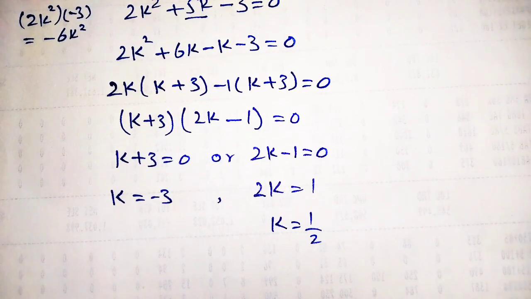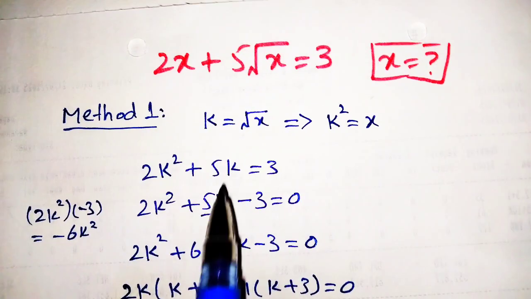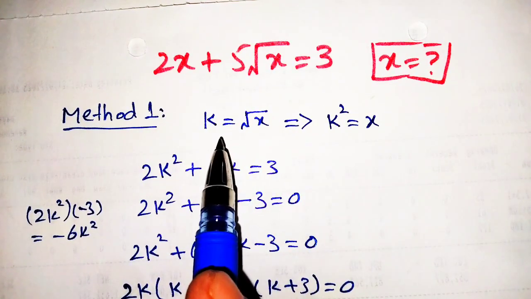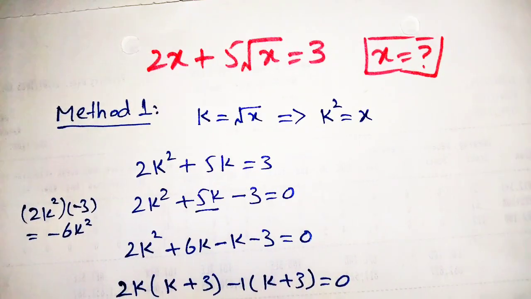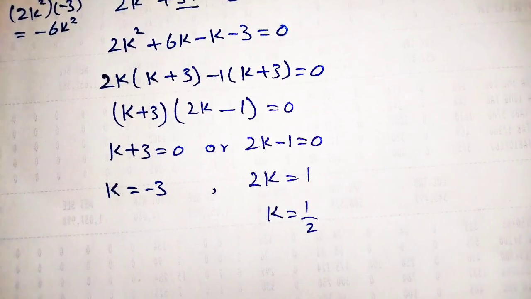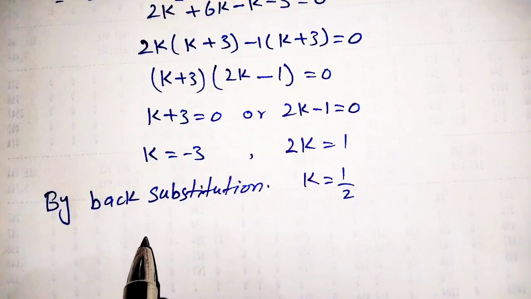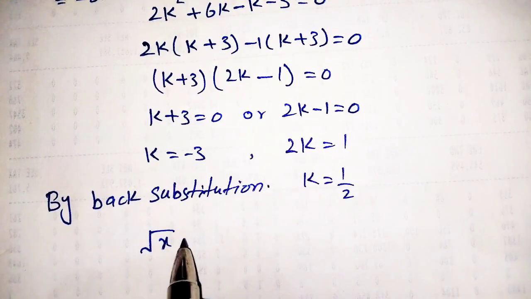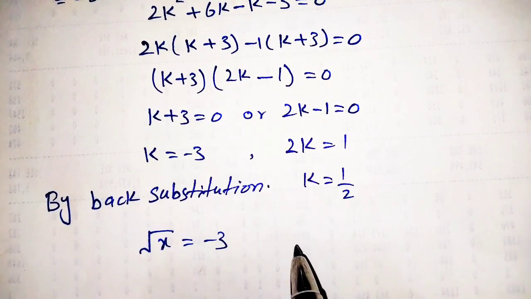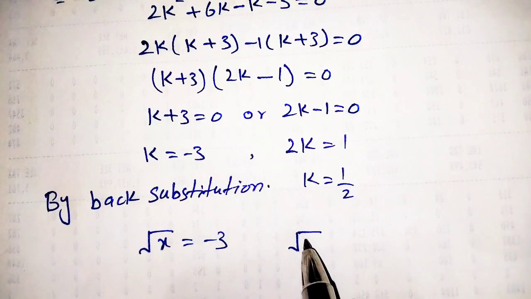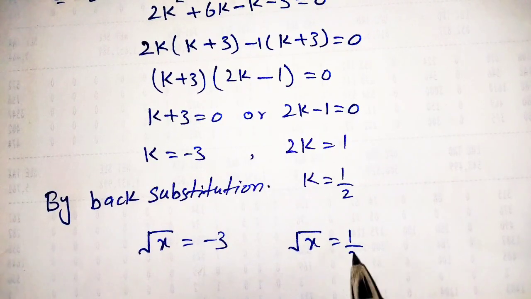Now as in the start we stated that k is equal to square root of x, so with the help of back substitution we will find the values of x, that is square root of x is equal to minus 3, and from here square root of x is equal to 1 over 2.